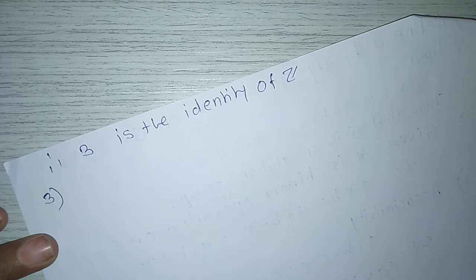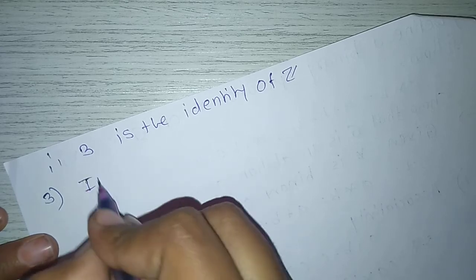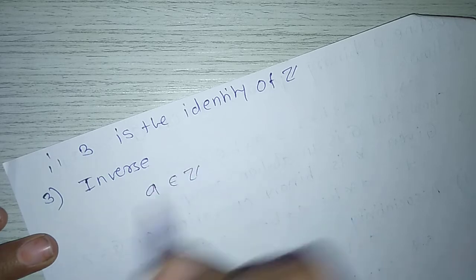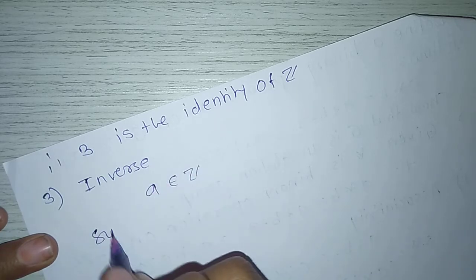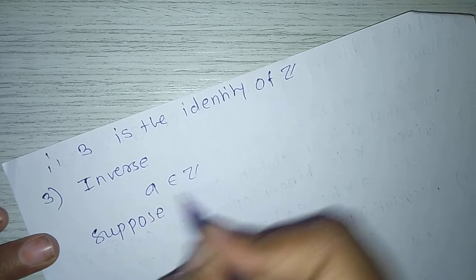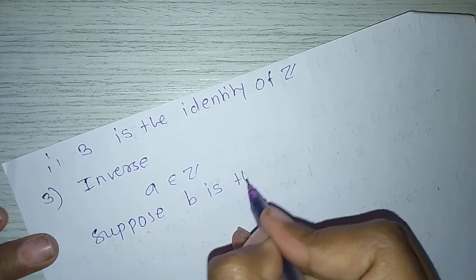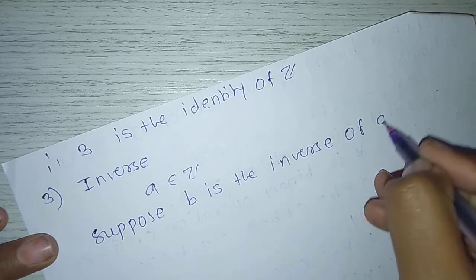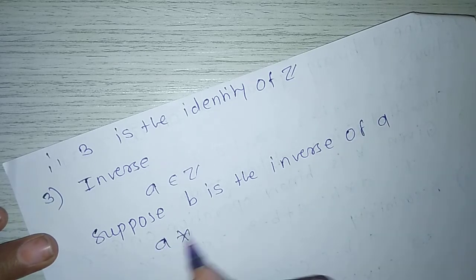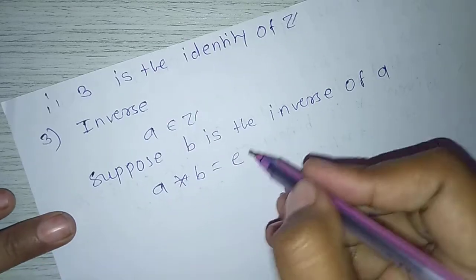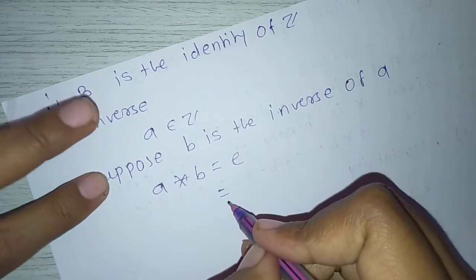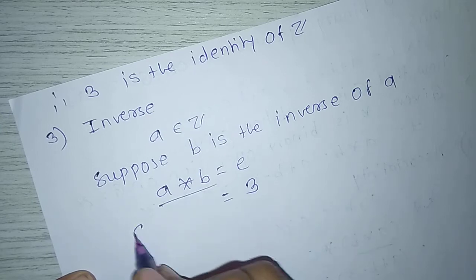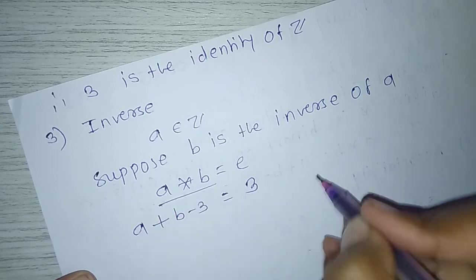Third, inverse. Take an arbitrary element of Z, A belongs to Z. Suppose B is the inverse of A, so that A star B equals identity, but here identity is 3, E equals 3.